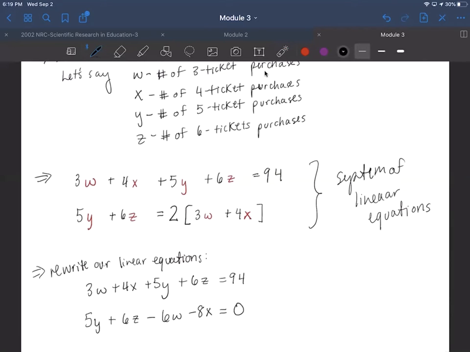So now I rewrote our equation, but we probably don't like the way that it's written because we're kind of used to seeing X, Y, Z equals some number. We probably like to see it the same on the bottom.